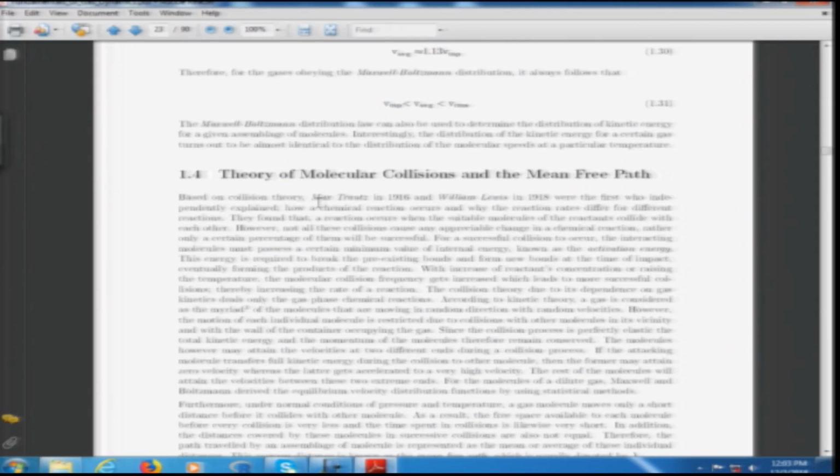In 1916, Max Trautz and William Lewis were the first two scientists who explained how the reactants interact with each other and produce the product. Please note that they tried to explain using gas kinetics. Therefore, this discussion is particularly valid for gas phase reactions only.